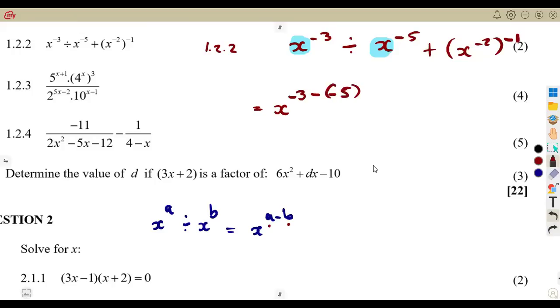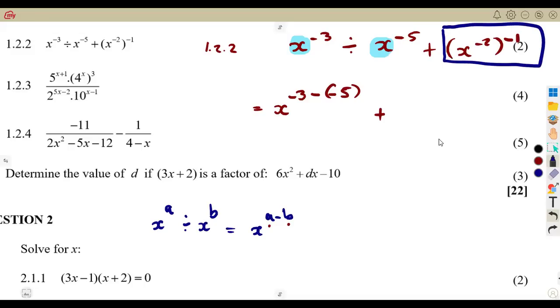But in this case, there is addition. We never had a law where addition was being used. No, we never had a law like that. So on the addition, just leave it like that. We cannot use a law of addition.